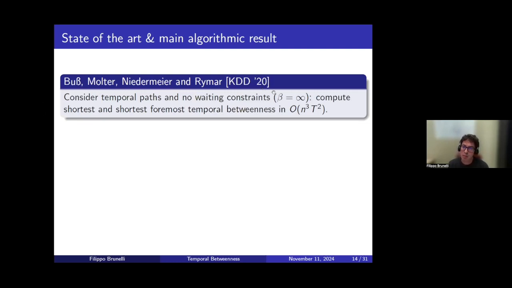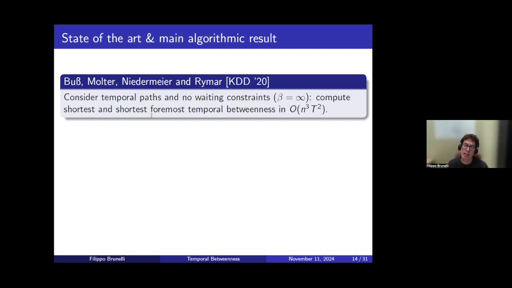We have this result from KDD of 2020. In this case, there is no consideration of waiting time constraints, which means that it's possible to work with temporal paths rather than temporal walks. In this work, the authors focus on two types of criteria: shortest, which is minimizing the number of edges in the path, and shortest foremost, which means that among the foremost paths, you consider the shortest.